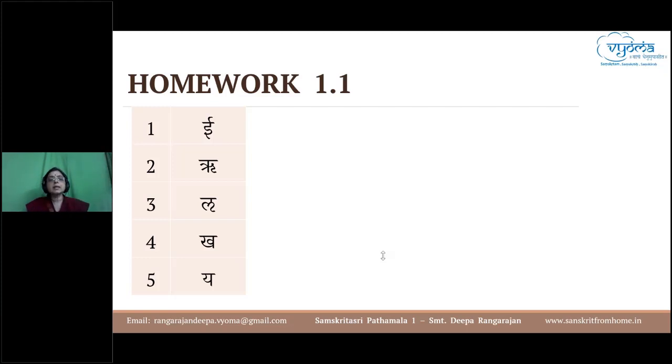But the point is that jihvamuliya and upadmaniya arise out of the positions of the mouth when pronouncing a visarga before ka or kha or pa or pha. Based on the position in the mouth, the pronunciation is unique and there is no other change that the visarga undergoes. That is why it gets a unique name and pronunciation. Otherwise, there's nothing special about it.